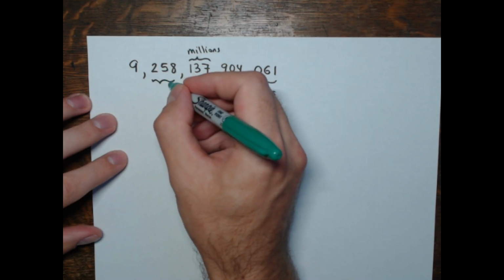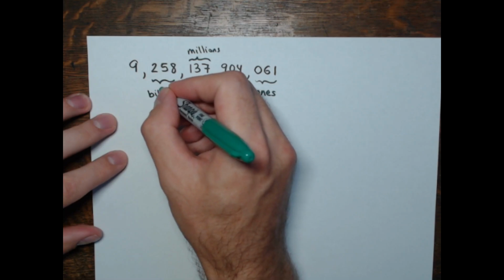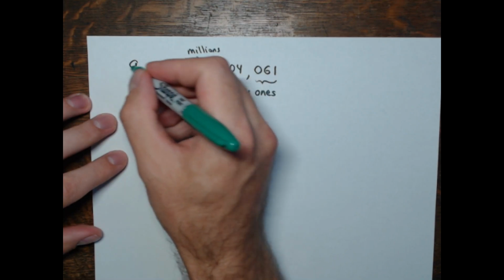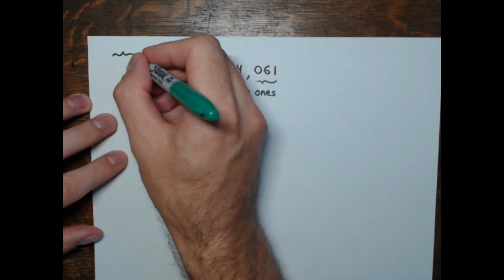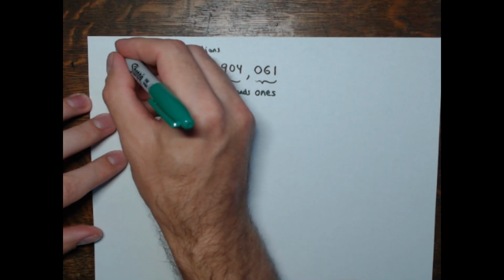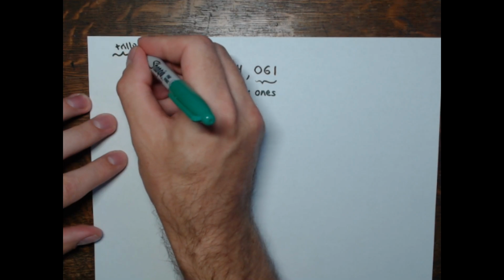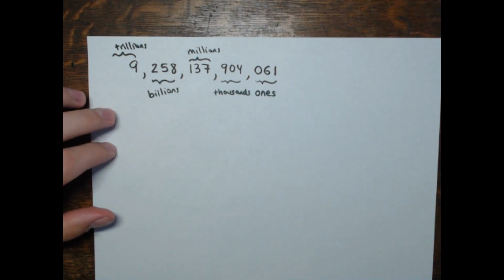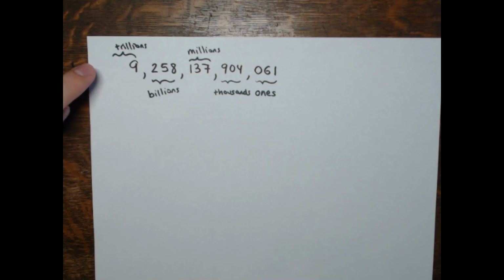The next 3, the billions. And the next 3, but there's only one digit there, but that's the trillions period. And that would be followed by quadrillions, quintillions, sextillions, septillions, and so on.